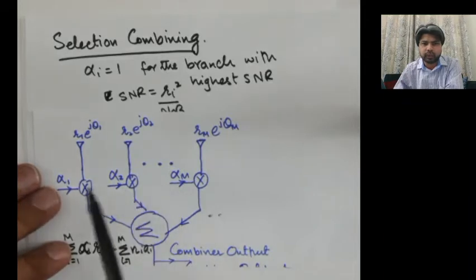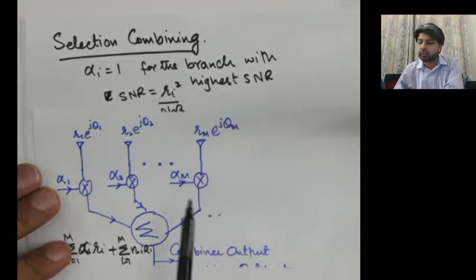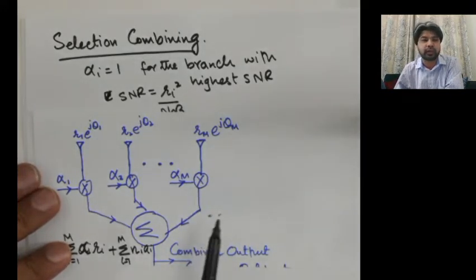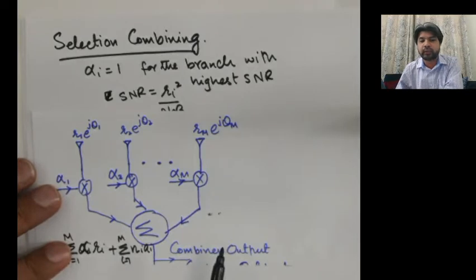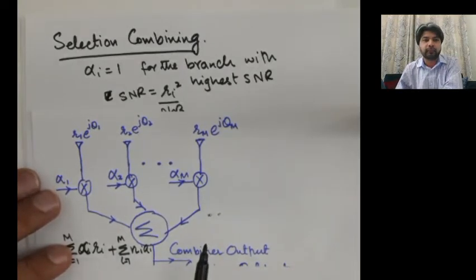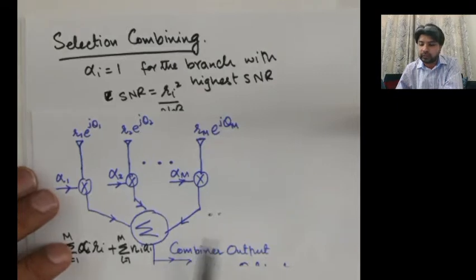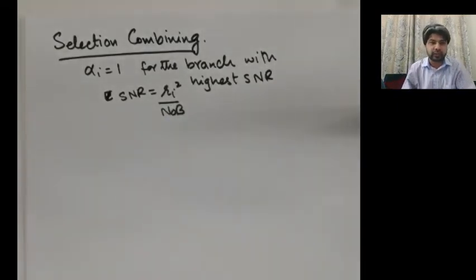If you have only one branch out of these capital N branches, fundamentally you don't require a co-phasing mechanism, because there is no vector sum going on here. You have only one branch at the combiner output, and hence you can, for example, make use of differential modulation schemes, and you don't require coherent detection with selection combining. So that is one of the biggest advantages.